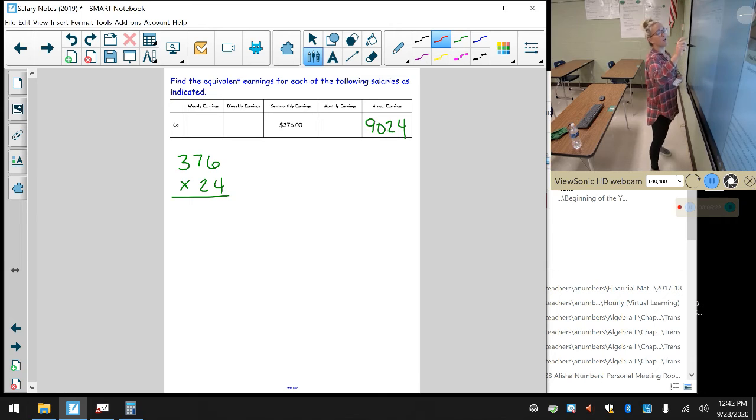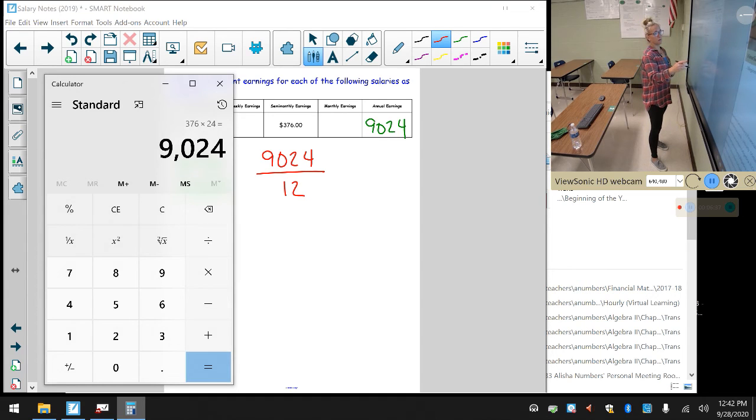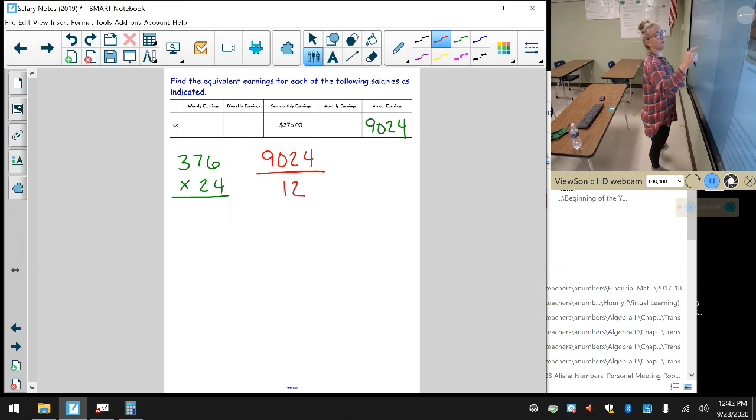Now, let's find every other missing part. I'm going to take 9,024 and divide it by 12 in order to find my monthly earnings: $752.